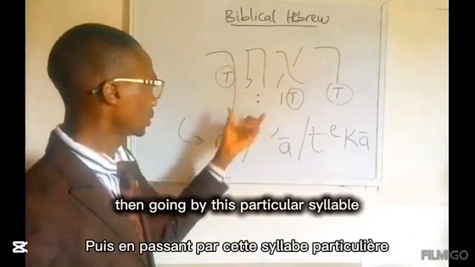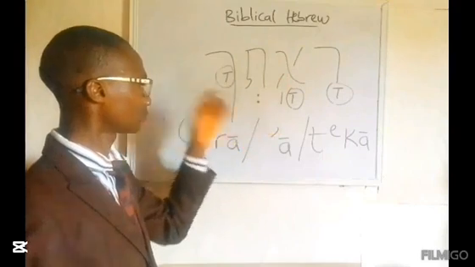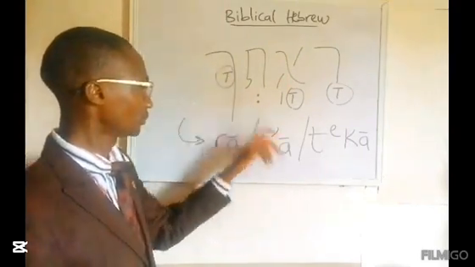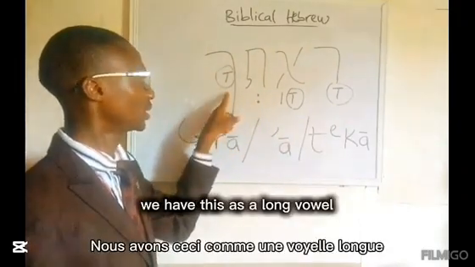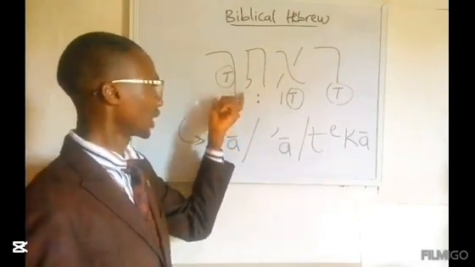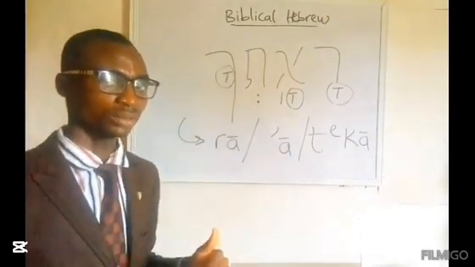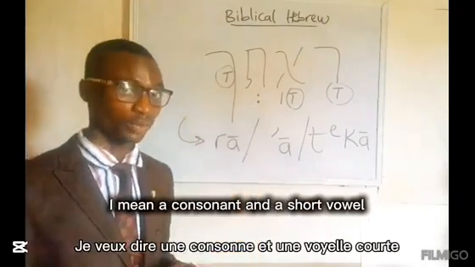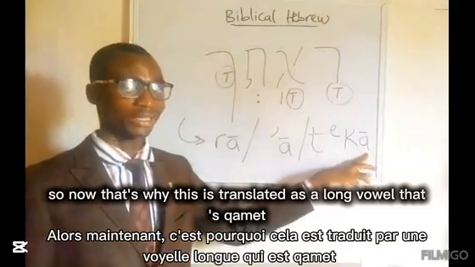So then, going by this particular syllable, Teka, we have this as a long vowel and not a short vowel, because an open syllable can be formed by a combination of a long vowel, a consonant and a short vowel. So that's why this is translated as a long vowel, that's Qamet.